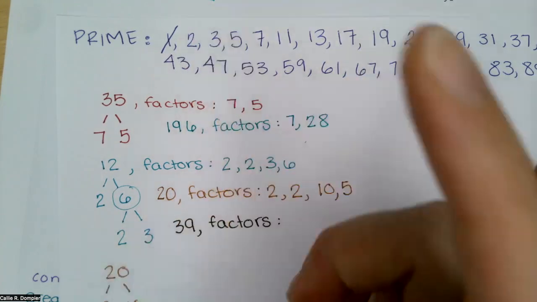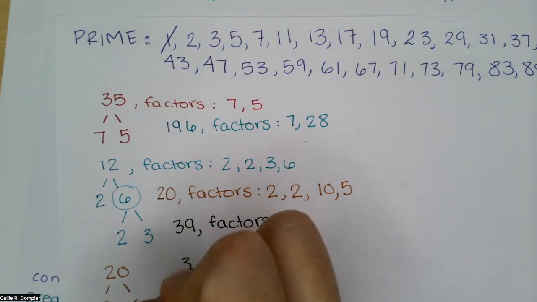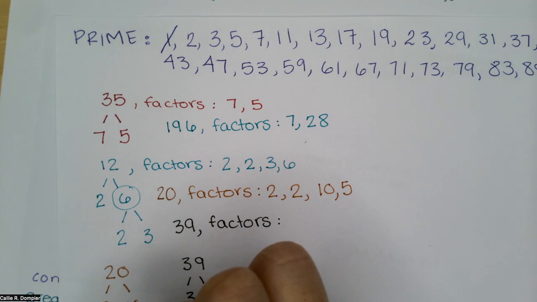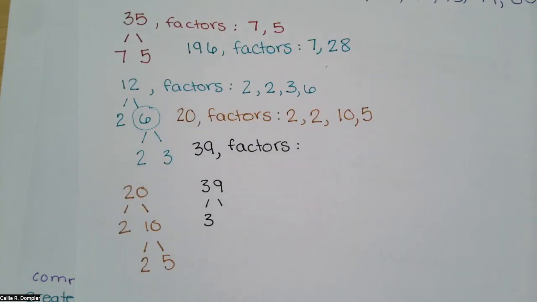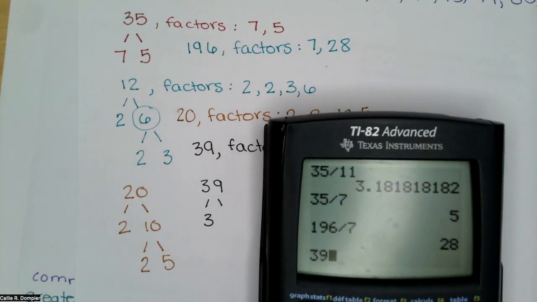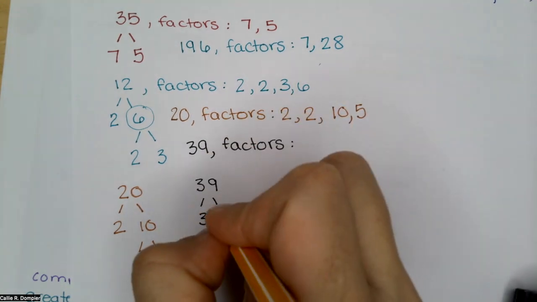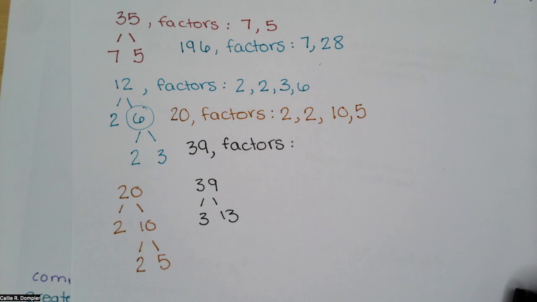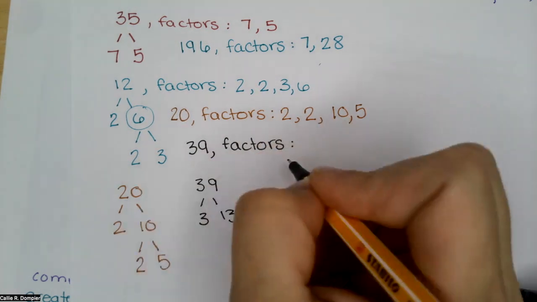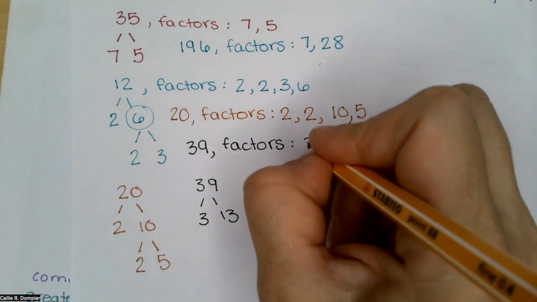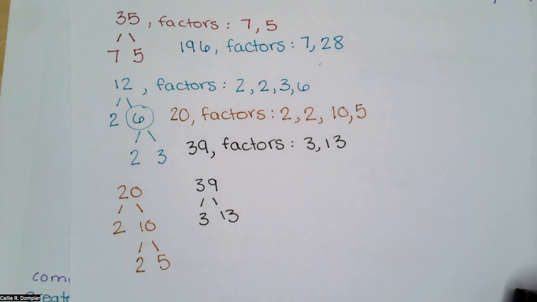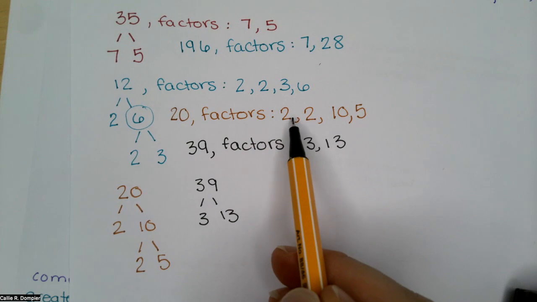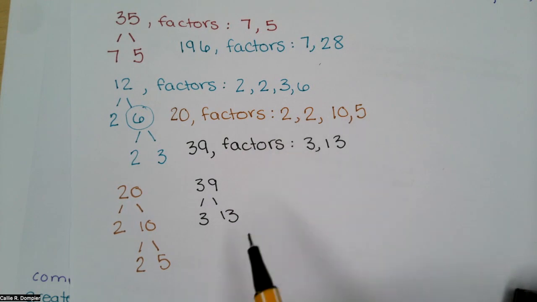So I'm going to take 39 divided by 3, which is 13. Is 13 a prime number? Yes, because you can't divide 13 by anything. So the factors of 39 are 3 and 13. Good.